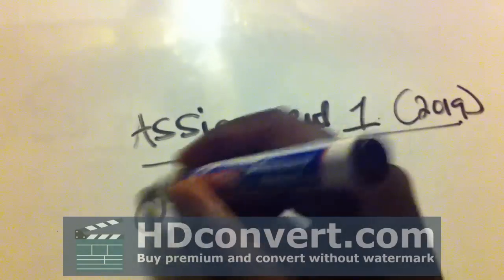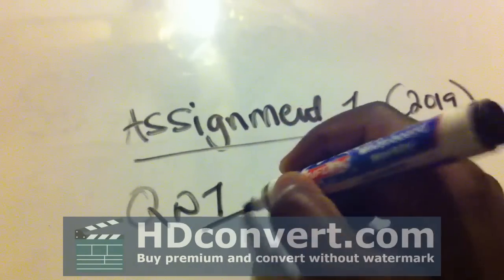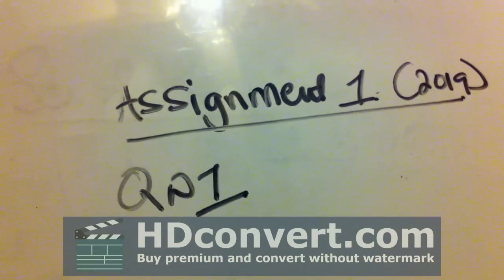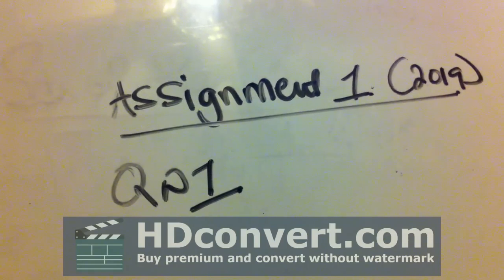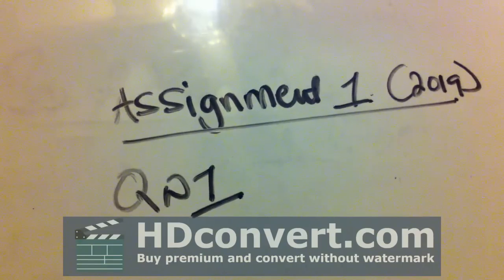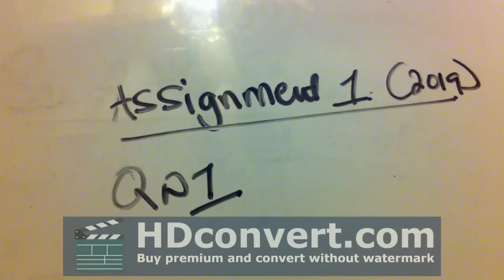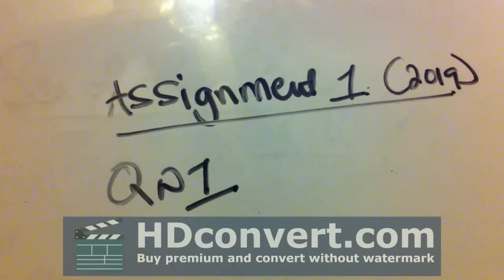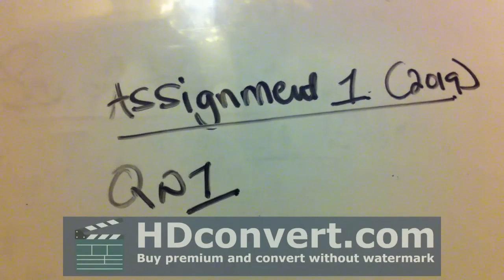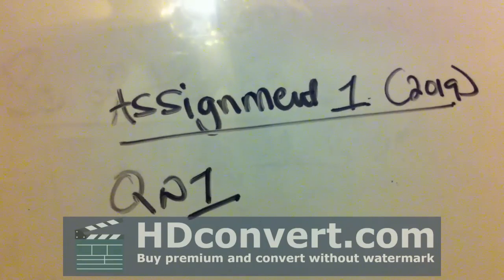Let's start with question number 1. It says the following statements relate to the activities that may or may not form part of the processes followed in financial accounting.